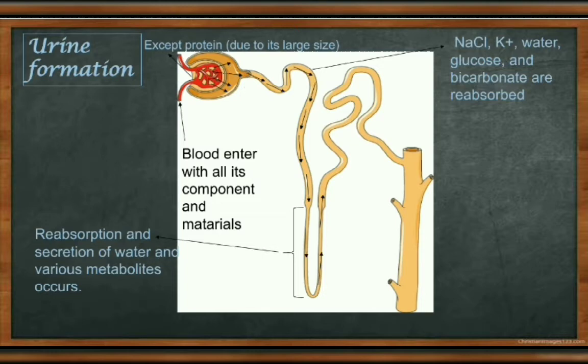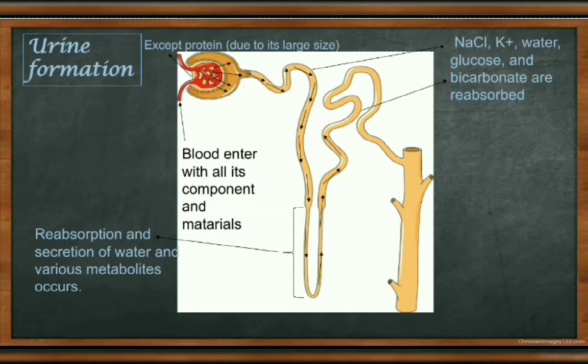Now it will be transferred into the DCT. This one is the DCT part. One thing I told you: whatever the work of the PCT is, the same is the work of the DCT. So you can easily learn: first learn the PCT, then the DCT will be easily learned.